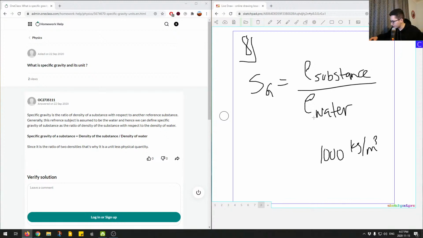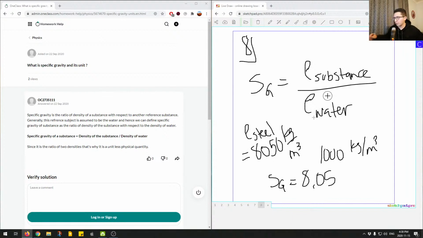Steel is more dense, so density of steel is equal to 8,050 kilograms per meters cubed. Here we would take 8,050 divided by 1,000, and we end up with Sg equal to 8.05. And there will be no units because the units cancel out. And this would be the specific gravity of steel.